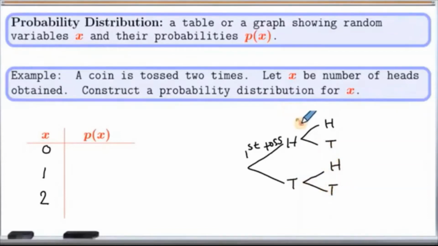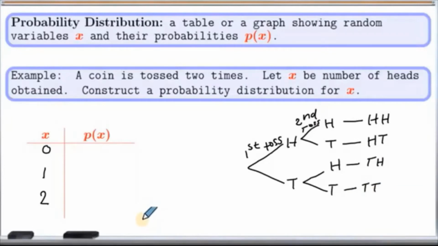So these are the second toss. And let me put all the outcomes here. Looking at these branches, this outcome will be head, head. Looking at these branches, this will be head, tail. Looking at this and this will be tail and head. And finally, the last one will be tail and tail.